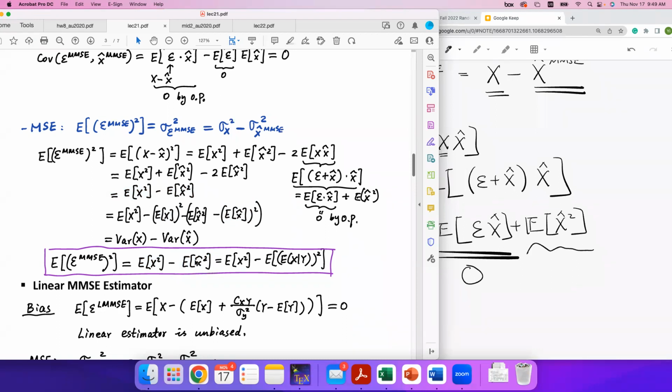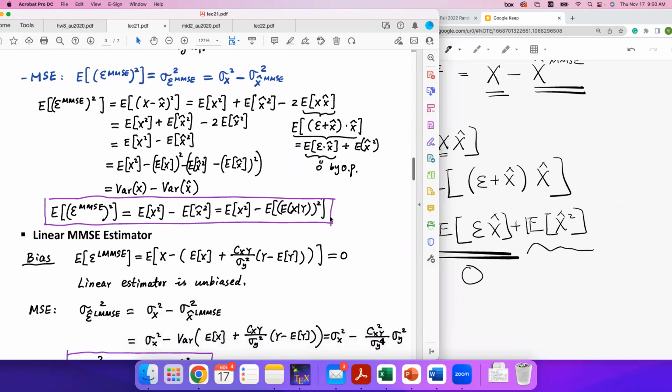Because x hat is defined as the conditional mean, this MMSE estimator is the conditional mean, so we can plug it in. It is the conditional mean to the power of 2, and then we further take expectation. So this is the analytical formula for computing the mean square error of the MMSE estimator.